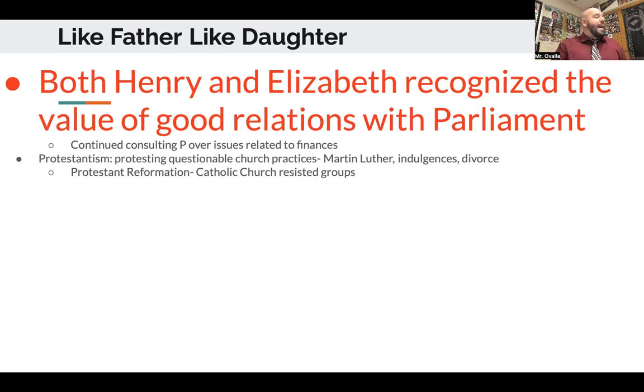Hey, buy this indulgence for 20 pounds or whatever, $20, and you'll go to heaven right away. Here's a piece of paper. And of course, divorce. It was hush hush. So again, the Protestant Reformation is going on at this time. Catholic Church will try and resist those groups.